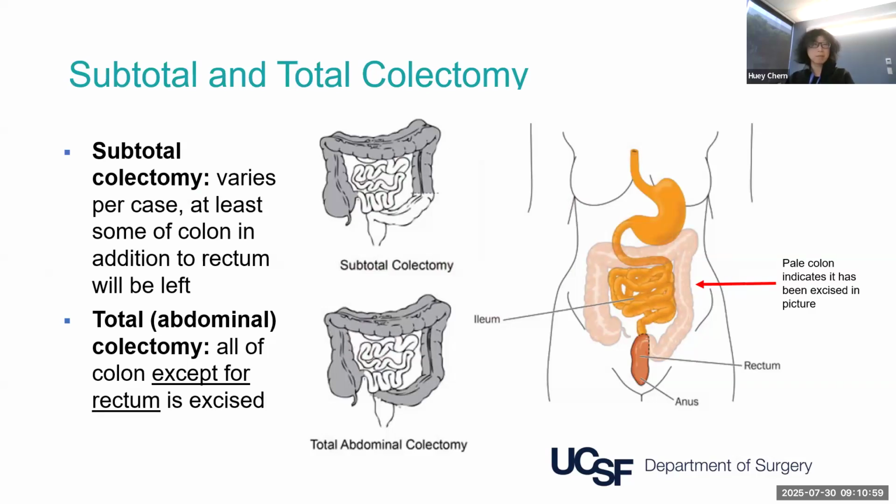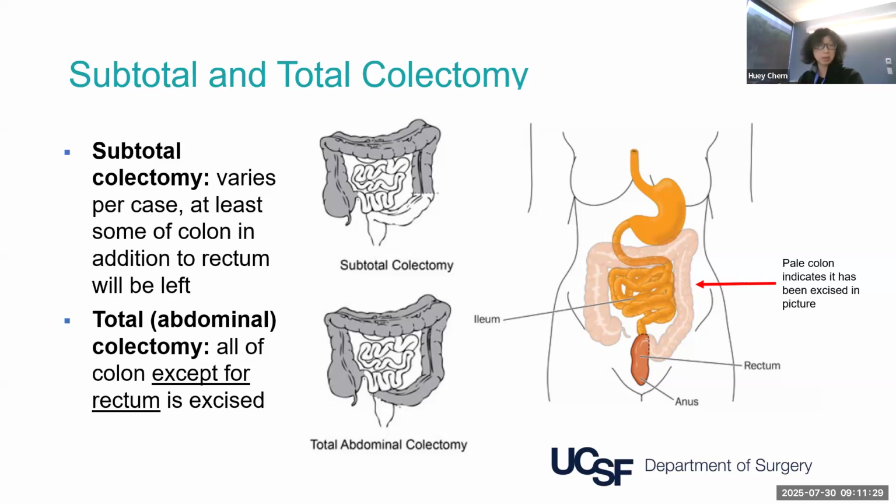And you may hear the term subtotal colectomy or total abdominal colectomy. I think sometimes it's confusing when we use the word total abdominal colectomy, which is not the same as total proctocolectomy. So total colectomy means you're removing all the colon, but you're leaving the rectum behind. And a subtotal colectomy would be, you're leaving the rectum plus a little bit of the colon behind.